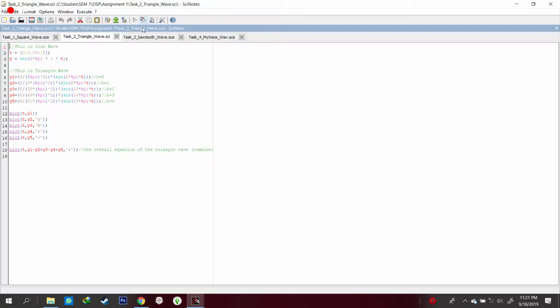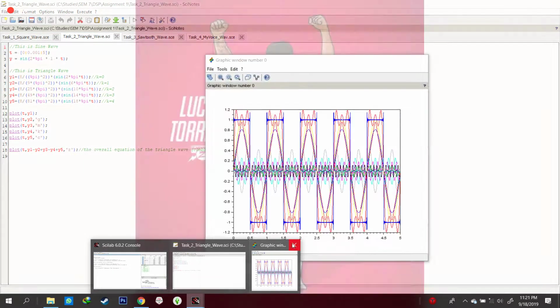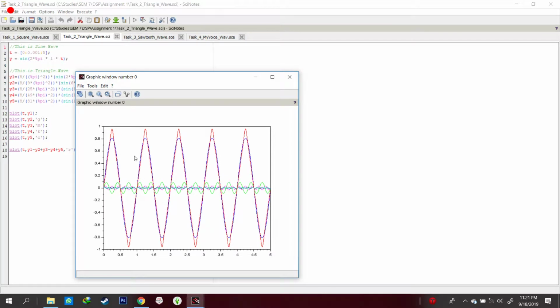If we run this, we can get a triangle wave. We can see that the blue one is y1, and the second one is the green one.